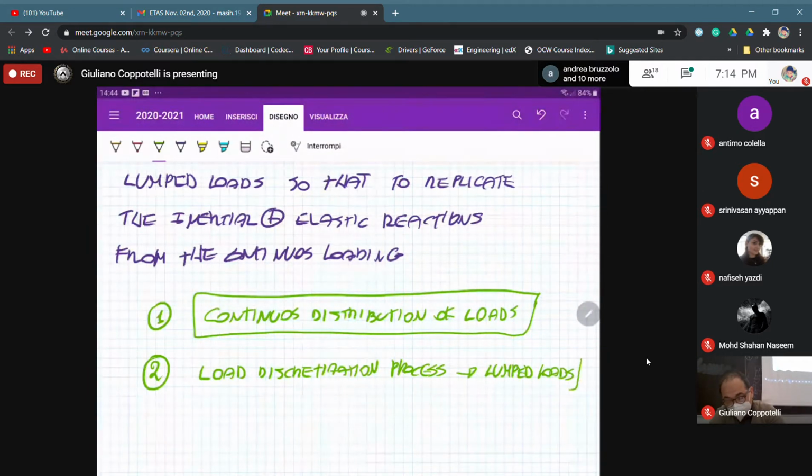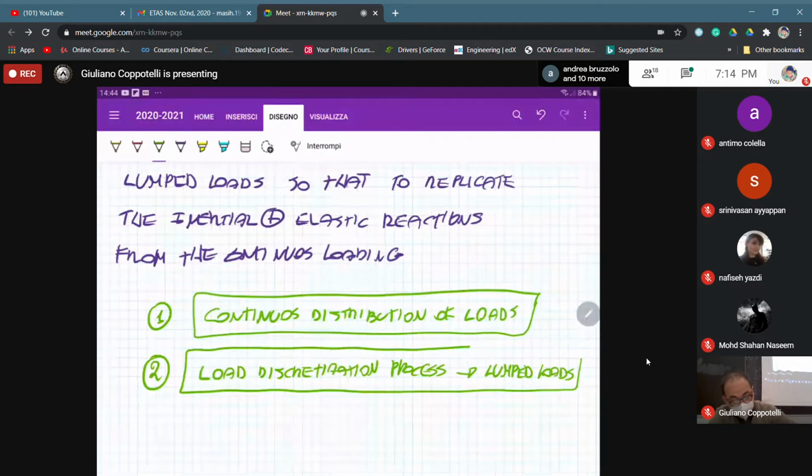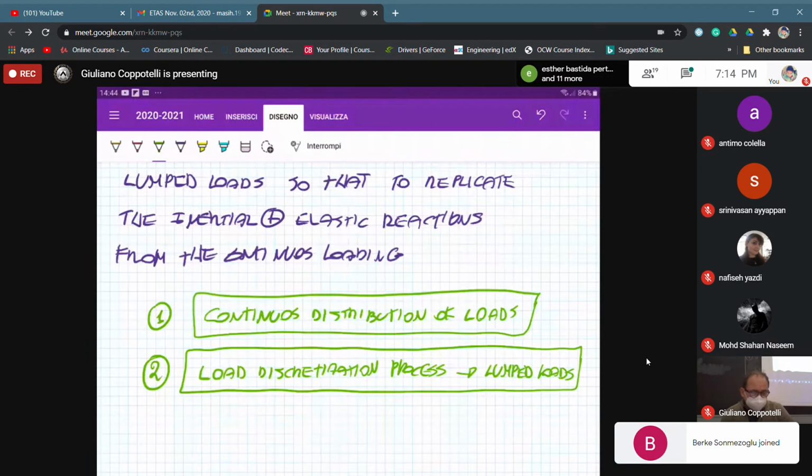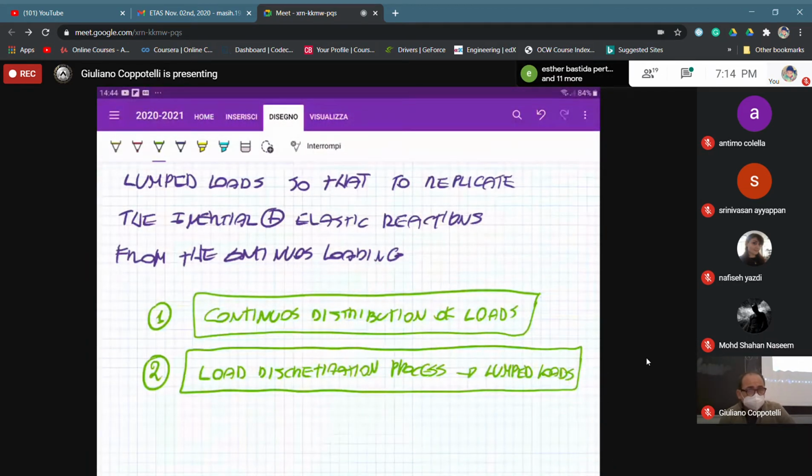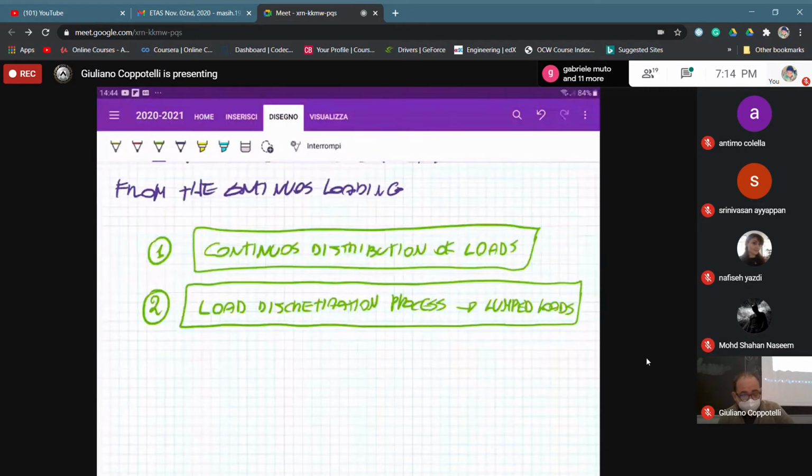Okay, so we have just an assumption. We are just figuring out the locations and the amplitude of these lump loads in order to replicate the effect of the continuous distribution of load that we got in point number 1. Then what we are doing as a third step is the evaluation of the elastic reaction.